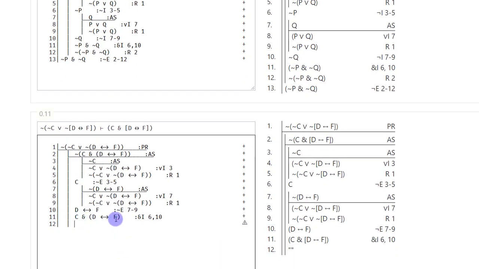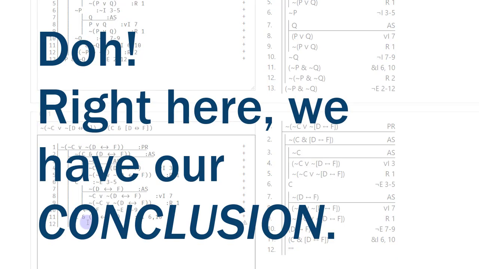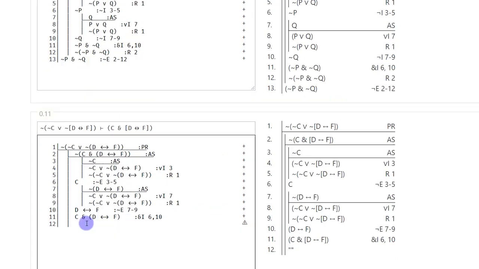Right here, we have our contradiction, C and D double arrow F. However, we're not finished because we're still inside this subproof. You can't end a proof inside a subproof. We have to discharge this assumption and get back to the main line of our proof. So, although we have our conclusion on line 11, we're not done.